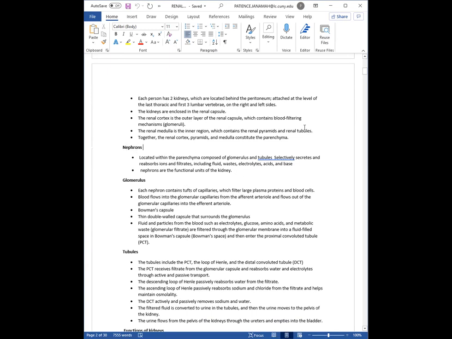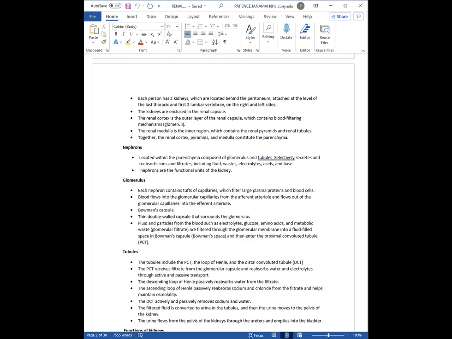They are located in the parenchyma, composed of the glomerulus and tubules that selectively secrete and reabsorb ions and filtrates, which include fluid, waste, electrolytes, and acid-base balances. That's the work of the nephrons. It does the balancing in the kidney. It does filtration and reabsorption.